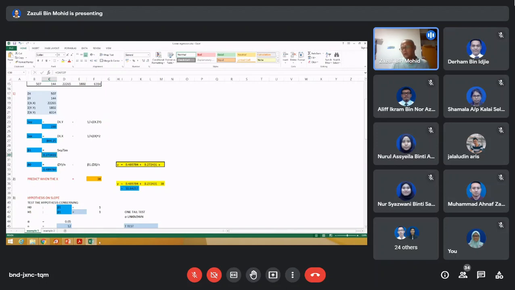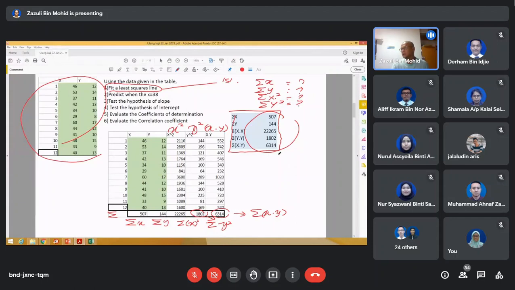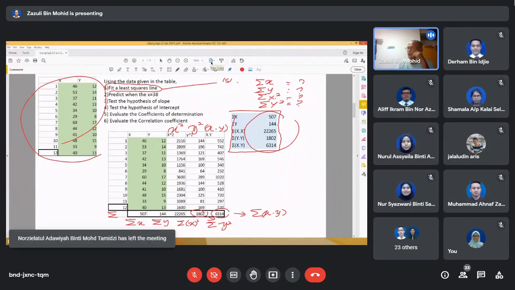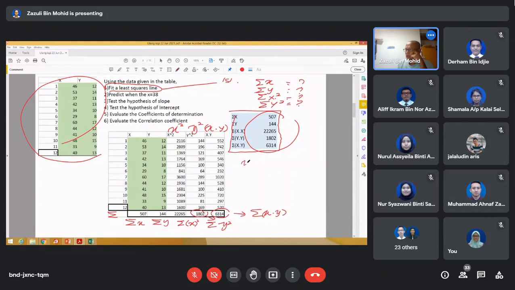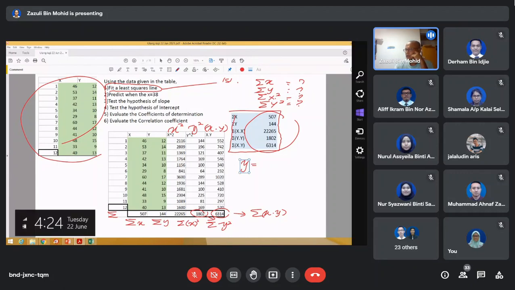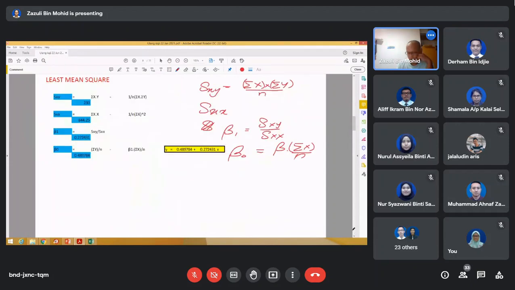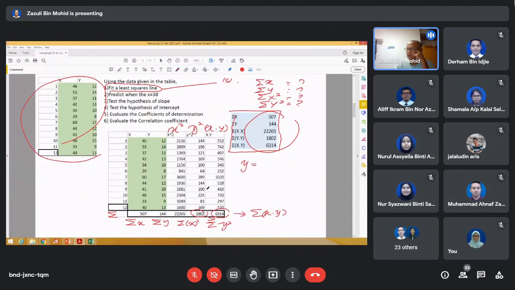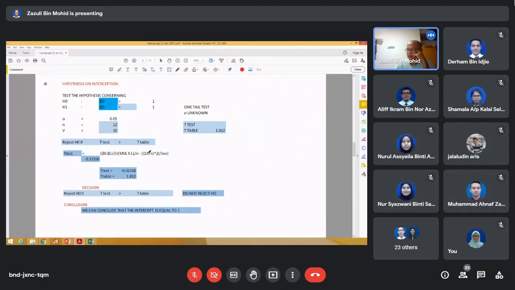Then in your answer, when you're answering this question here, finally you have to write down the equation, which is y is equal to, from this answer here, y equals 0.49 plus 0.27x. Then the question here asks you to predict when x is 38, for example.